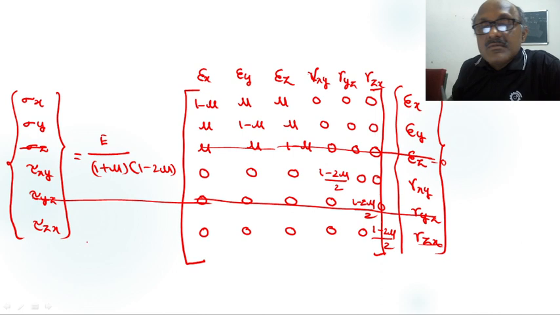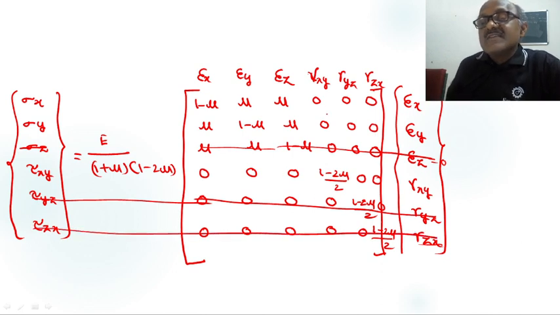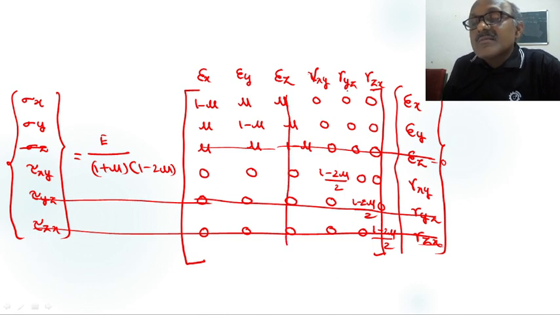Again this term we are eliminating. Similarly columns also. Whatever the column is associated with z, we are eliminating this one. Again similarly we are eliminating this column. Again we are eliminating this column.